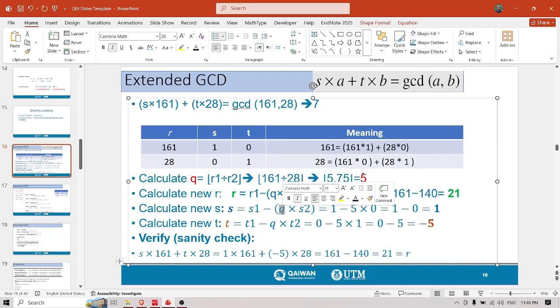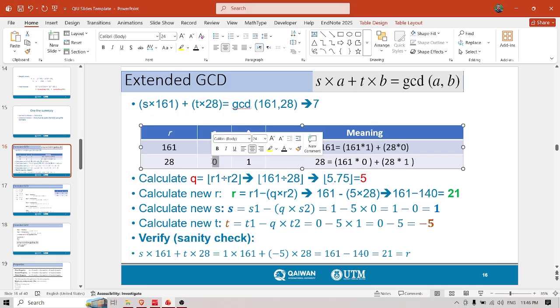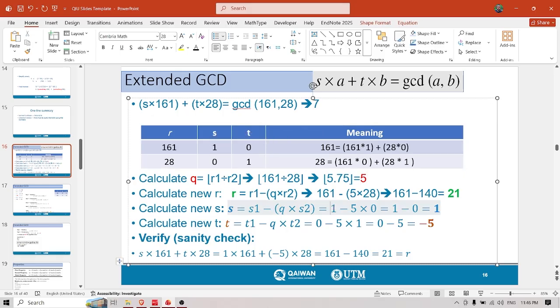Q is this one that we found in the first place. Now the S2 would be, this is the S2. We will say 1 minus Q multiplied by S2, and we will get 1. Now for the T, remember this is T1 and T2. We will get T1 minus Q multiplied by T2, which is equal to minus 5.